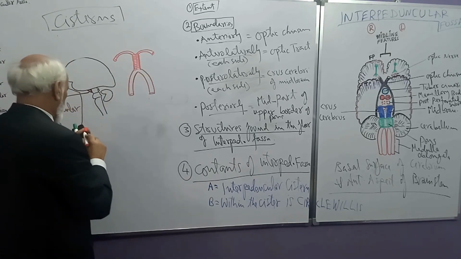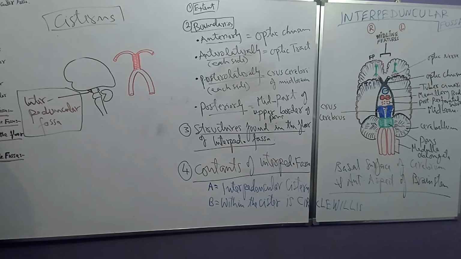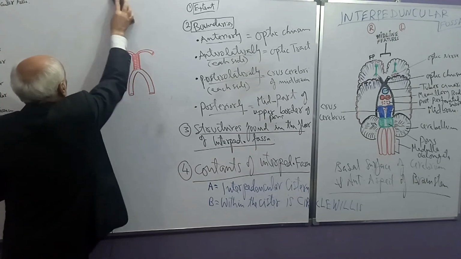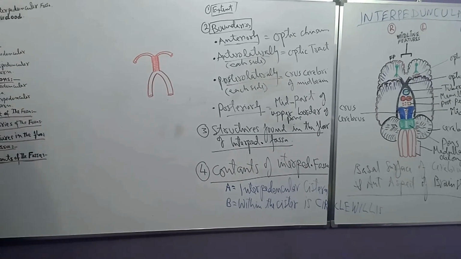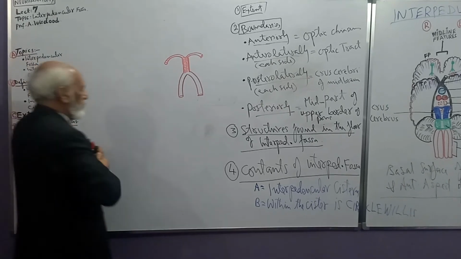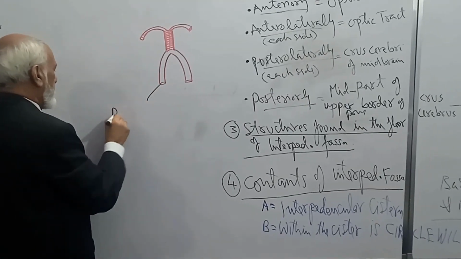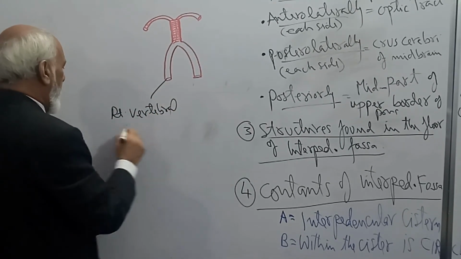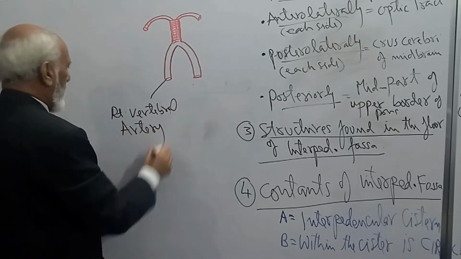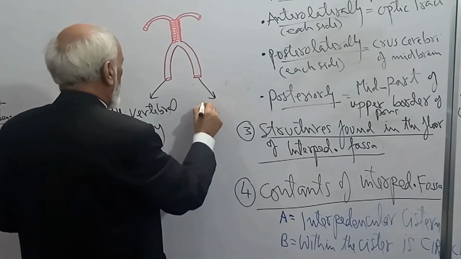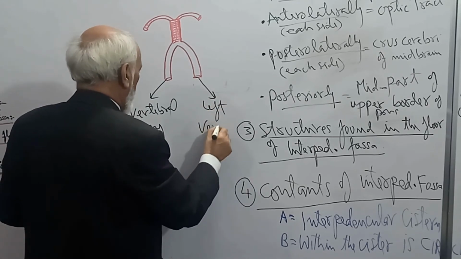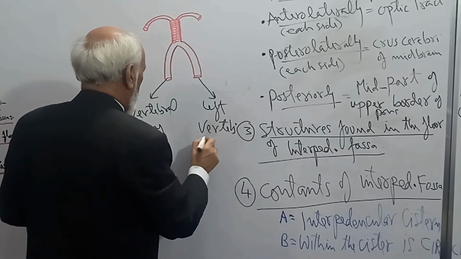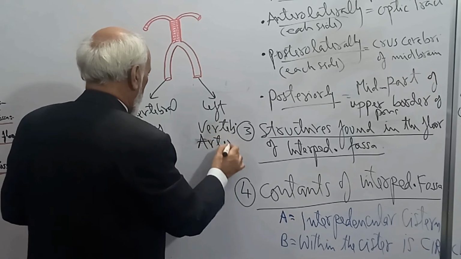Now let me first label these arteries. As I told you, this is right vertebral artery and this is left vertebral artery.